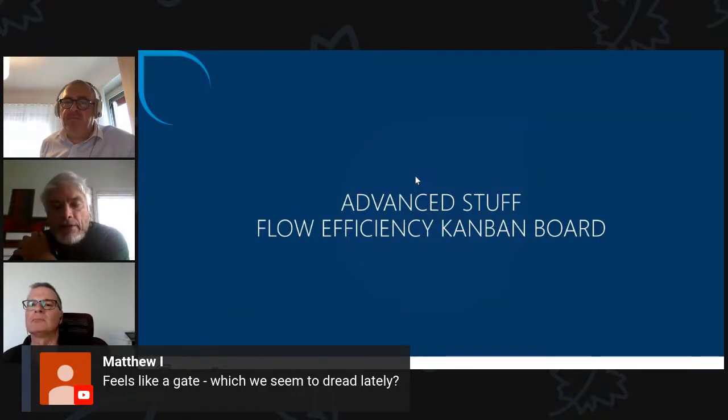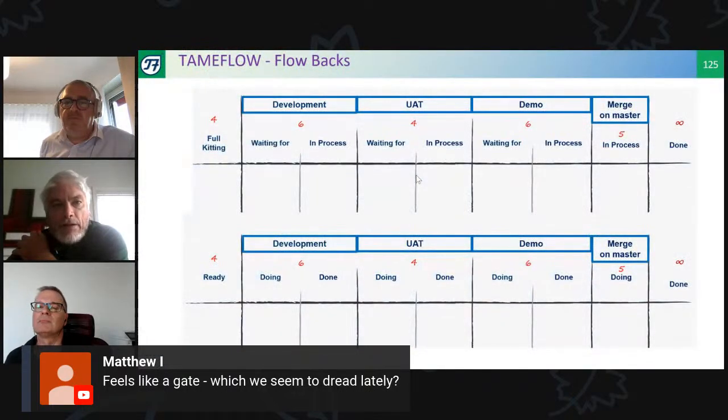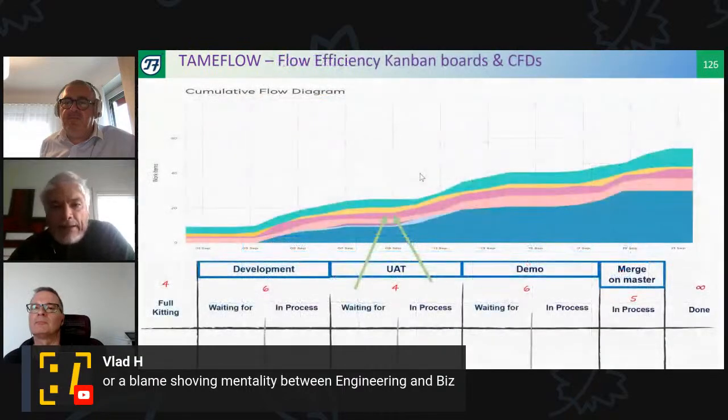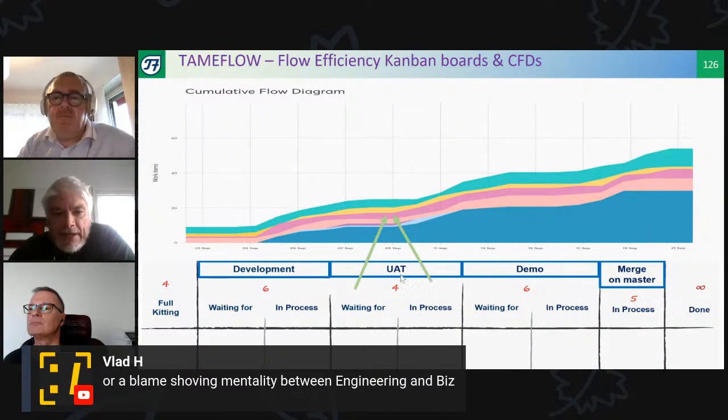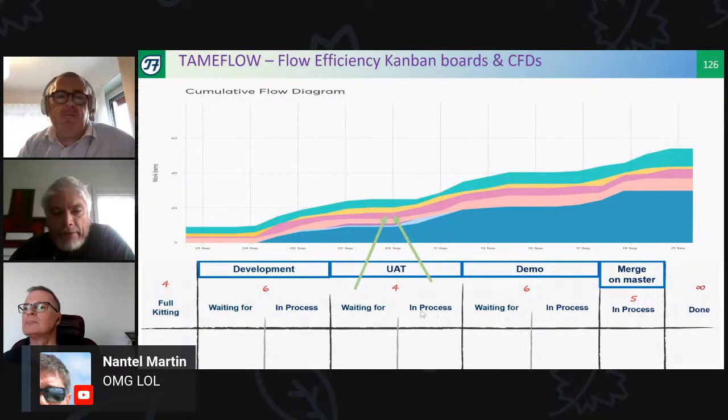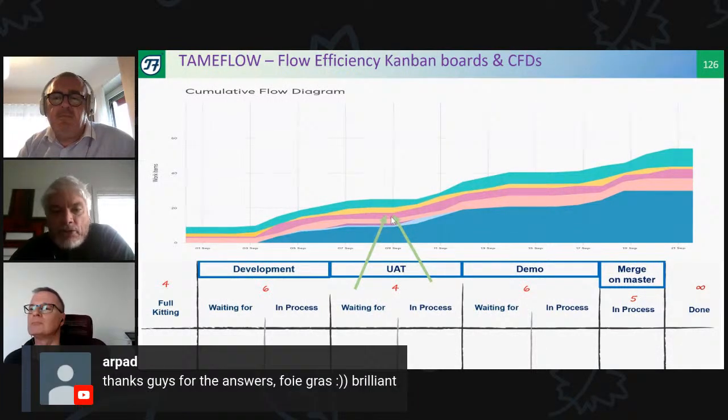It's very basic, but there are things that need to be stressed with the flow efficiency Kanban boards. In the flow efficiency Kanban board, the waiting for and the in process really belong to UAT, and they match on the CFD.